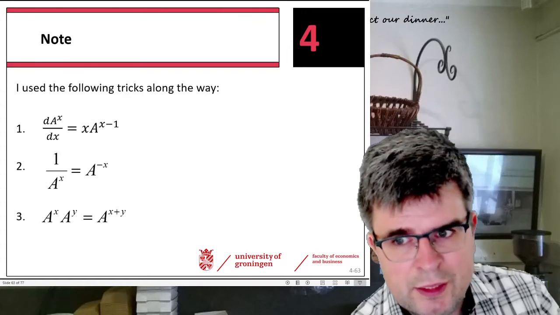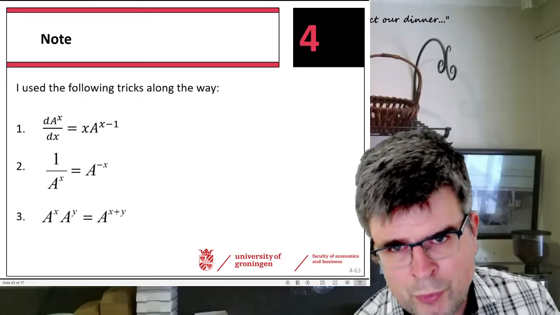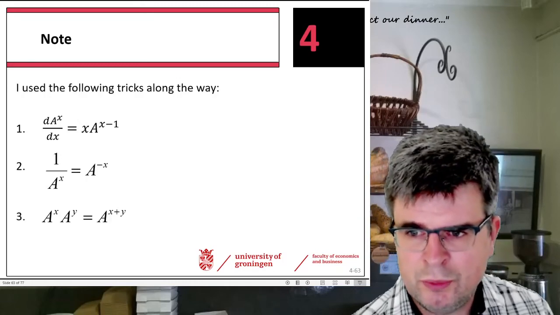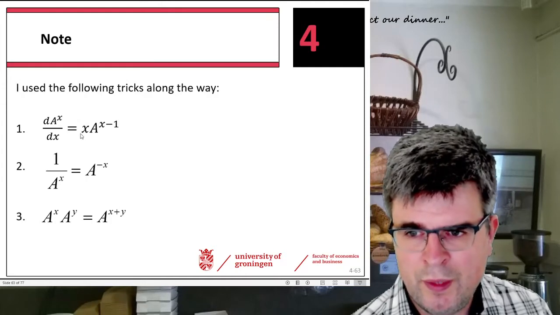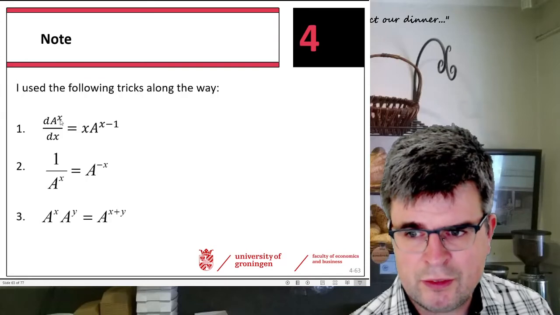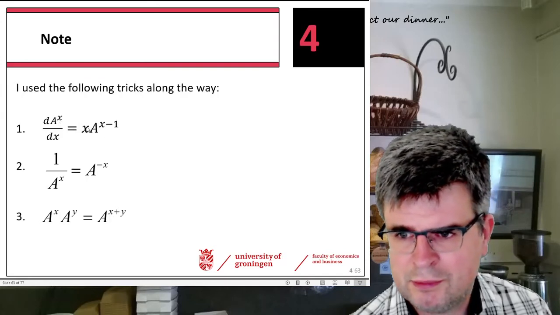Okay, in doing this, I used a couple of mathematical tricks or rules, as you may say. So in taking the derivative, we use the rule that if you take the derivative of something that's with a power, then it ends up like this.